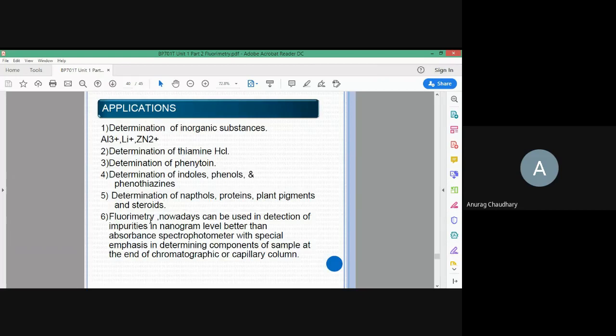Fluorimetry is also used for the detection of impurities present in a quantity as low as nanogram level.